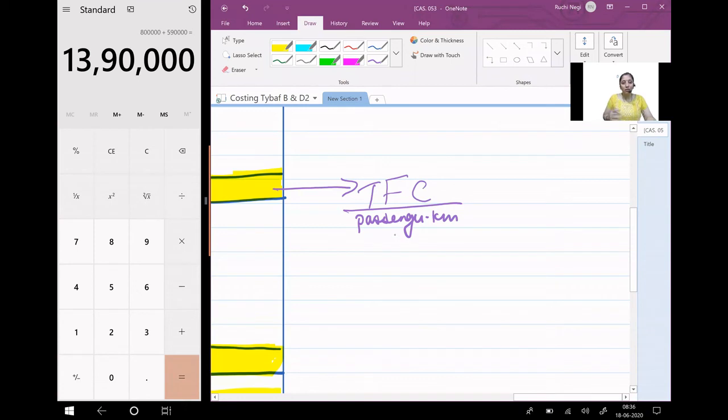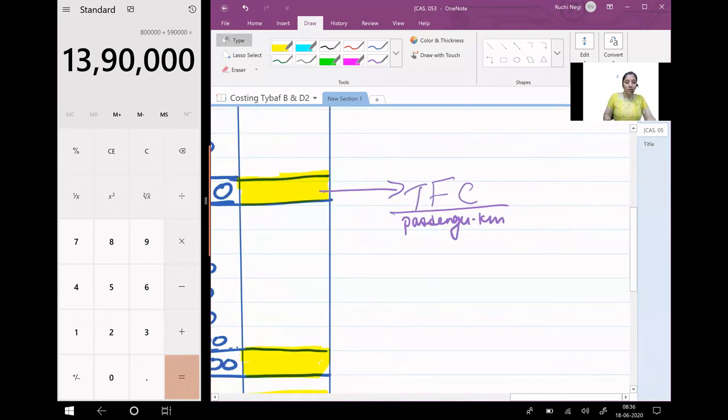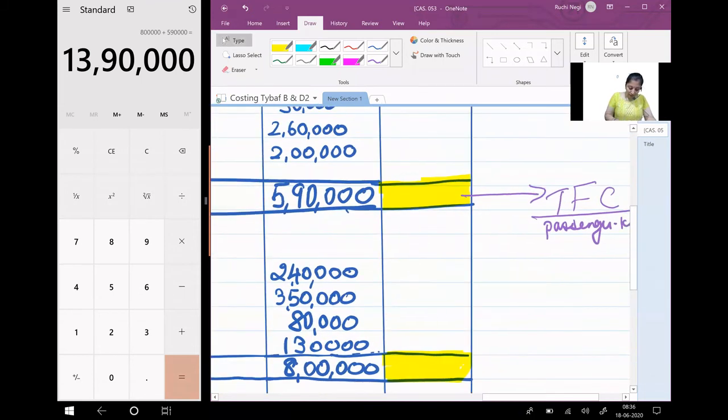Passenger kilometer, because that is the cost unit we are going to calculate. Correct, right? Okay. So this is the formula. Make a note of it. Actually, this is the logic behind calculation. Okay. So 5,90,000 divided by 5,62,500.